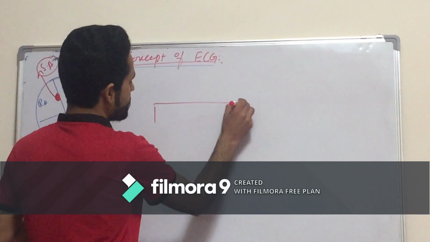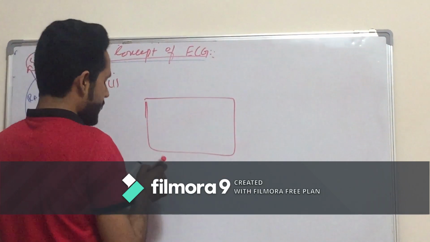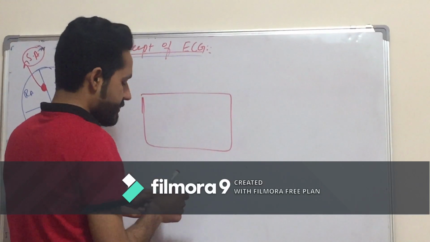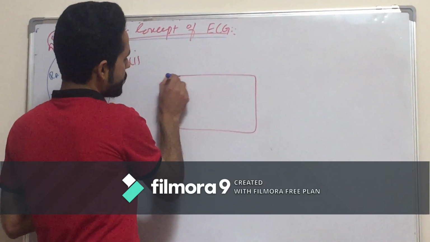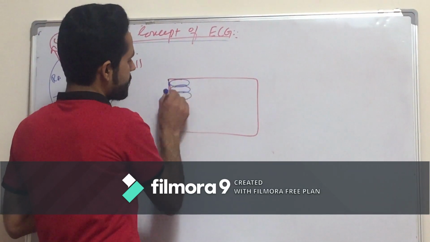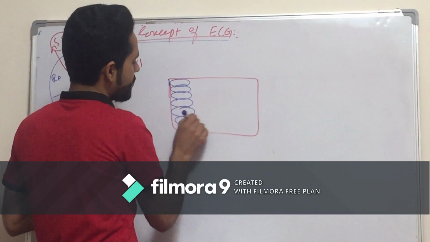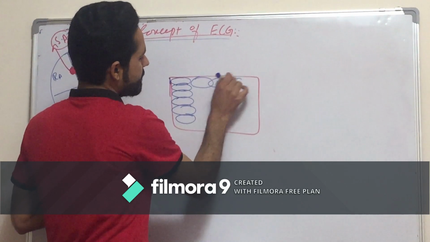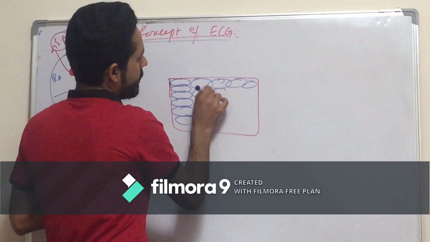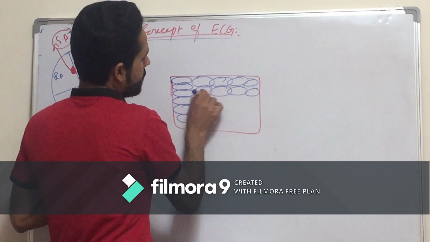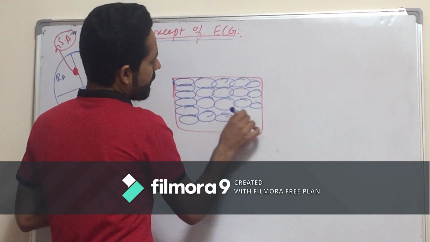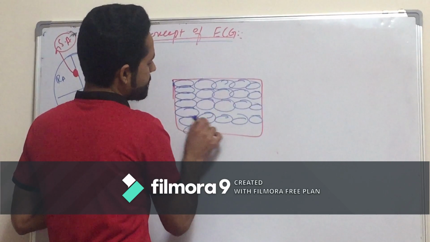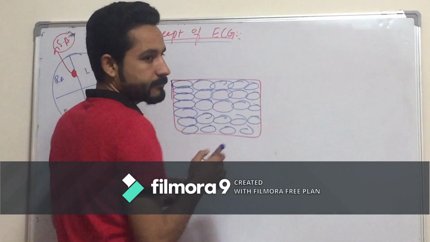As you know, myocardial tissue is composed of small myocardial cells, and these are attached to a galvanometer to record all their electrical activities.